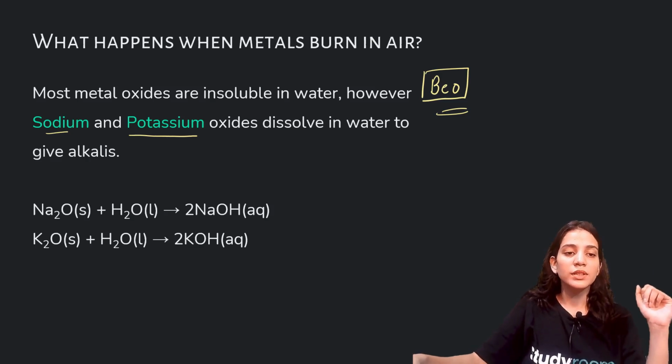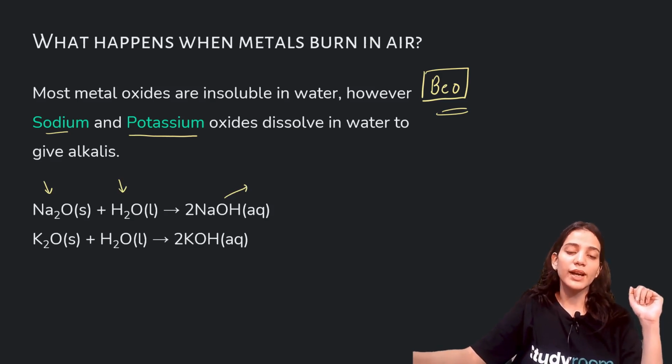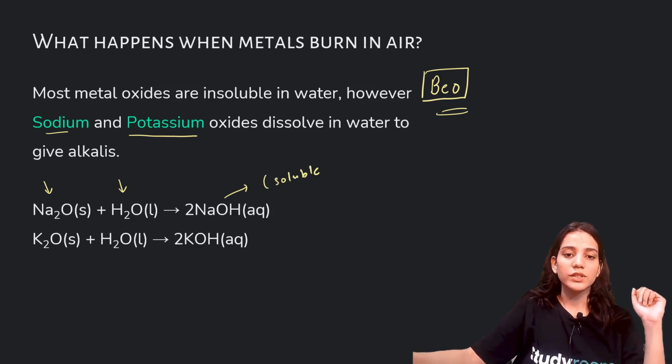For example, here is sodium oxide. When dissolved in water, it produces NaOH, sodium hydroxide. It is alkali in nature, that is, it is also soluble in water. We studied about this in our previous chapters.